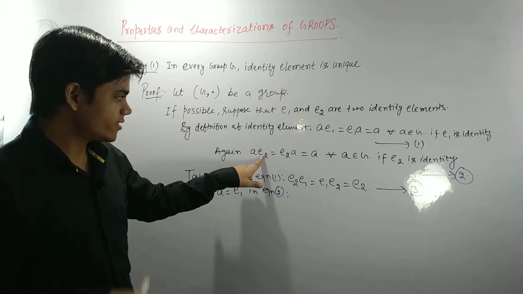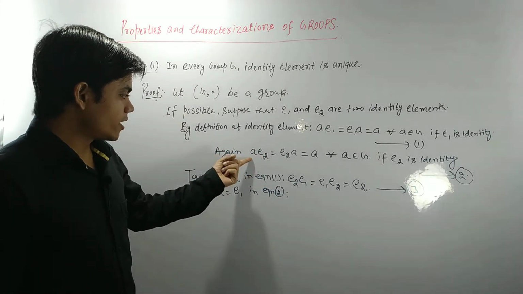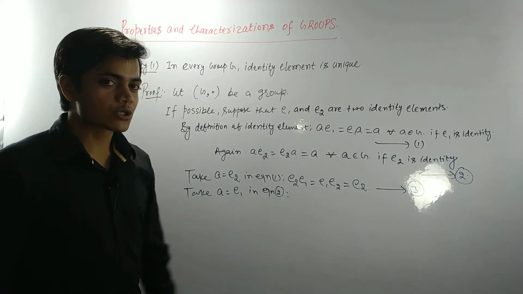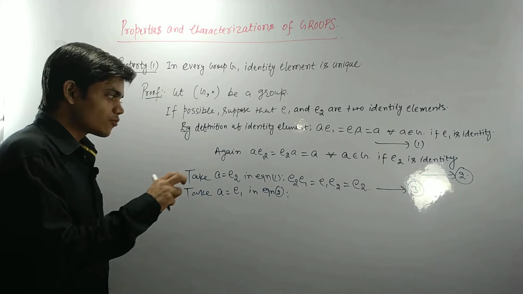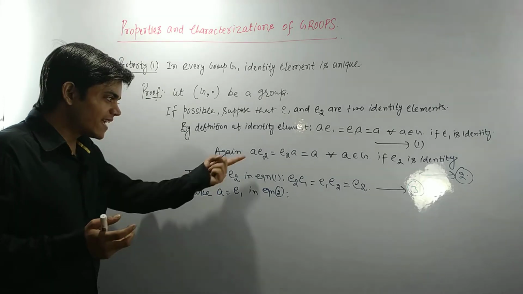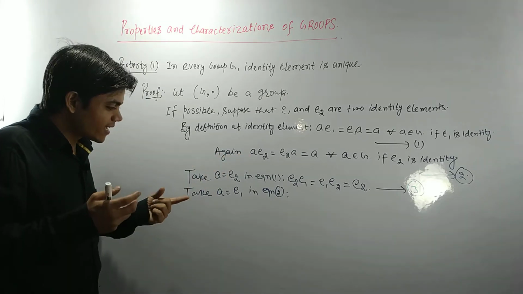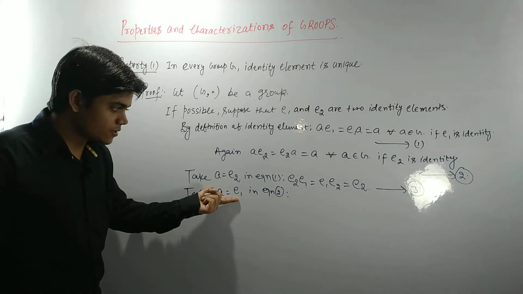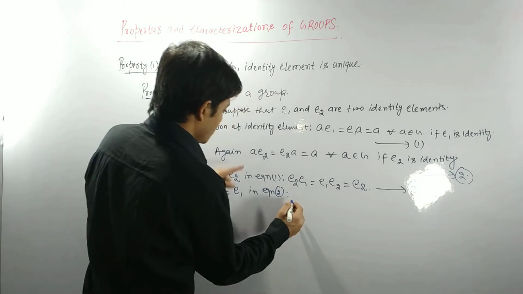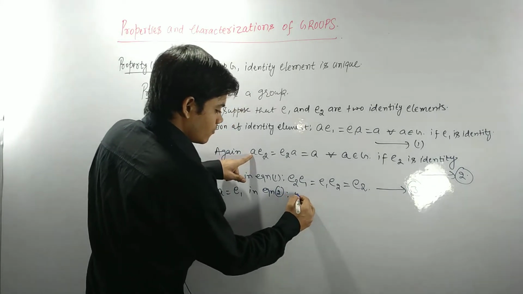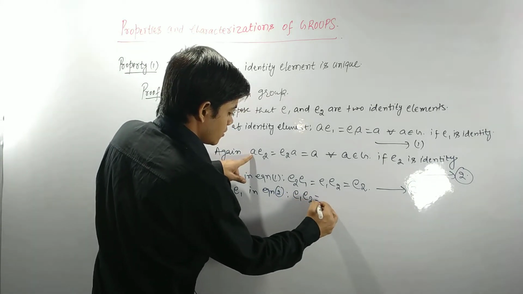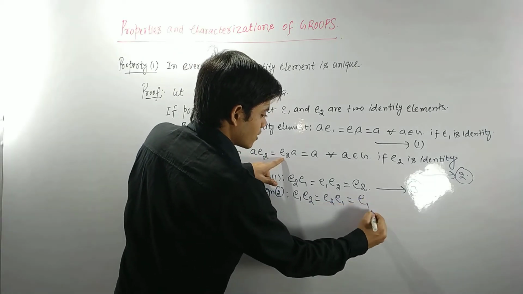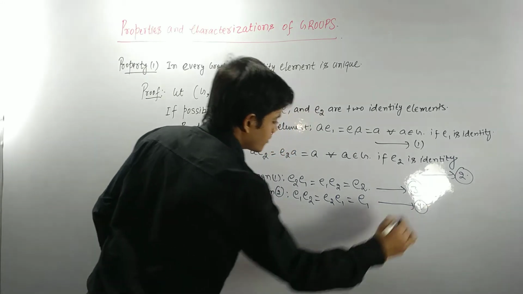If E2 is identity, therefore A E2 is equal to E2 A is equal to A for all A belongs to G. And we can take any A, so we can take A as E1 as well, because E1 is also an element of G. Therefore, put A is equal to E1 here. So E1 E2 is equal to E2 E1 is equal to E1, and call it 4.